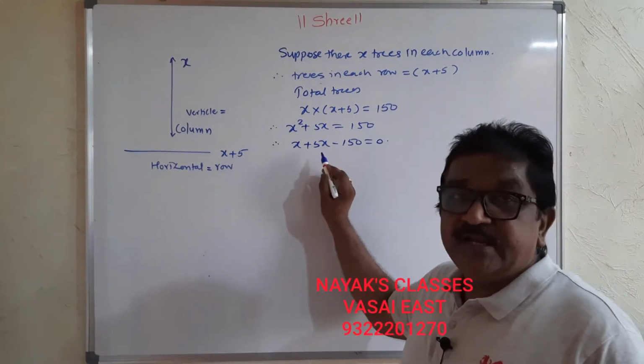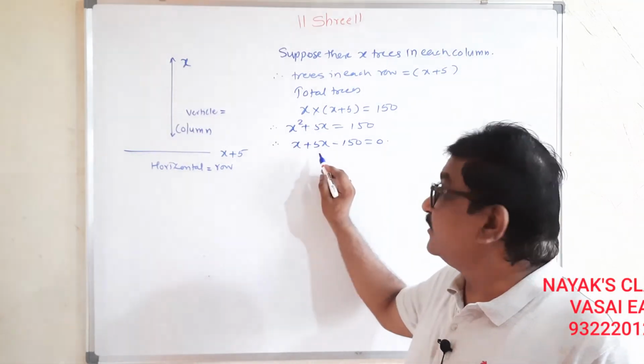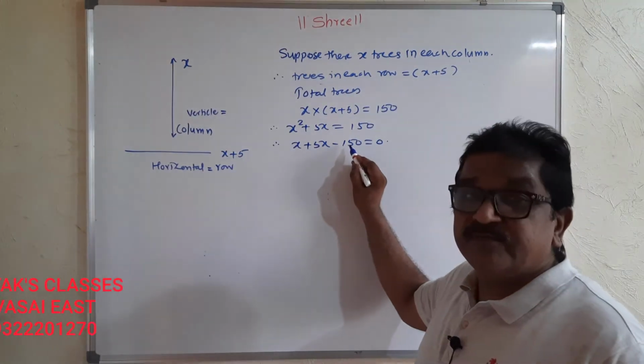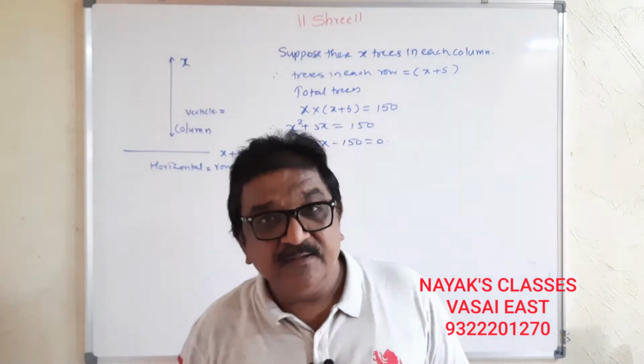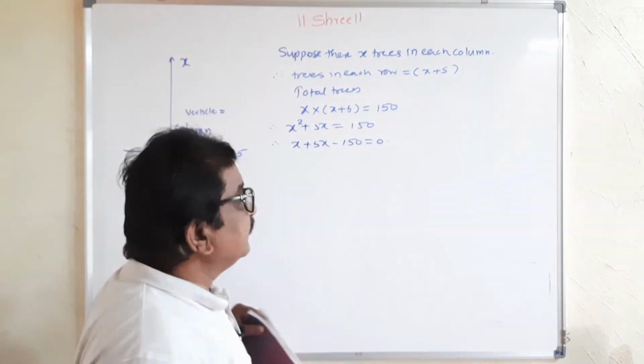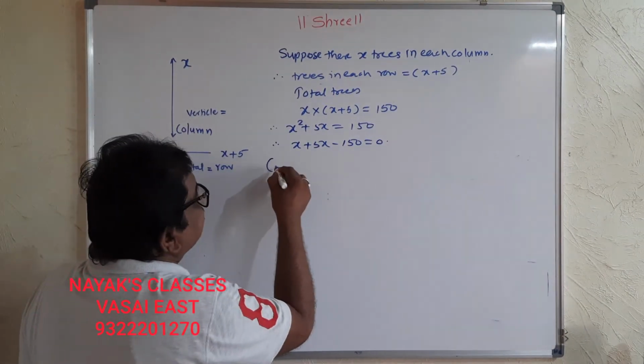Now we need two numbers in such a fashion that their product must be minus 150 and their sum must be 5. So the bigger number must be positive.